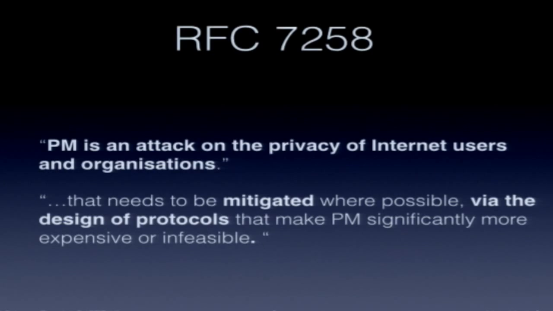And the declared aim in future protocol developments is to mitigate the effects of monitoring through protocol design. So doing it at the lowest level, not necessarily operationally, but making sure protocol design takes this into account.